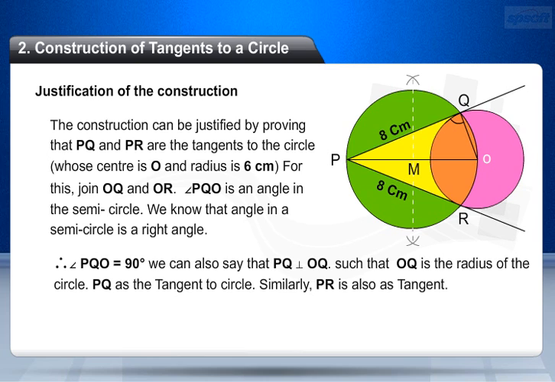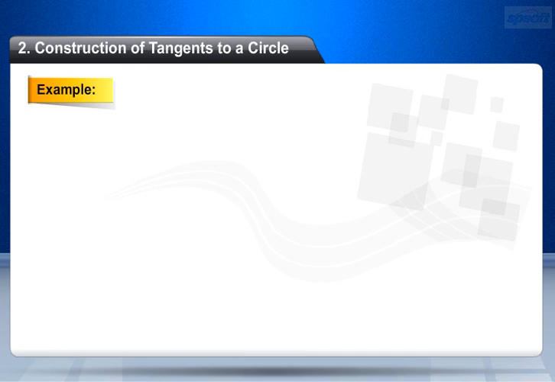Therefore, angle PQO equals 90 degrees. We can also say that PQ is perpendicular to OQ, such that OQ is the radius of the circle, so PQ is the tangent to the circle. Similarly, PR is also a tangent. This justifies the construction. Let us see another example.